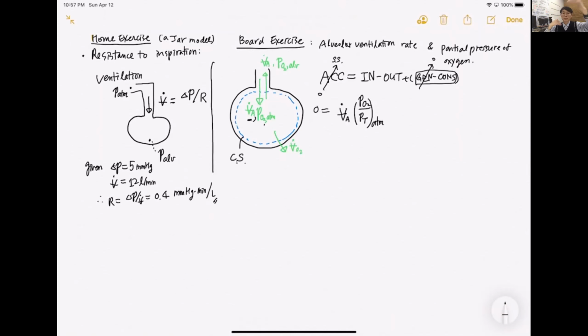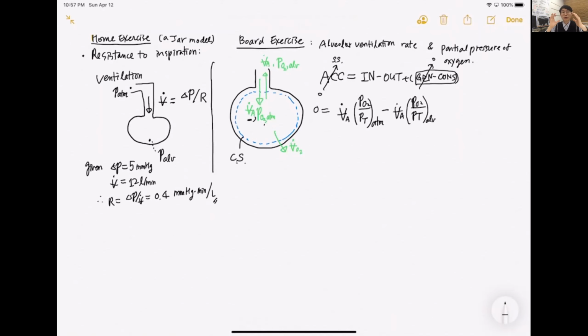And there are two components which go outside. One is from exhalation to the atmosphere, so that's minus the alveolar volume flow rate times the oxygen partial pressure over total, which is now from inside to outside, so that is the alveolar partial pressure of oxygen.